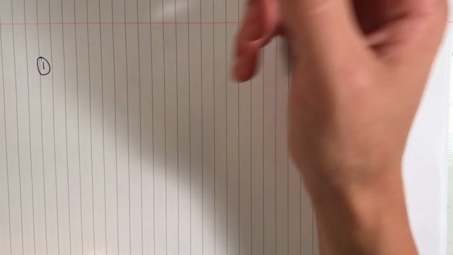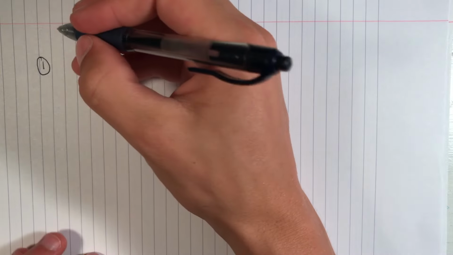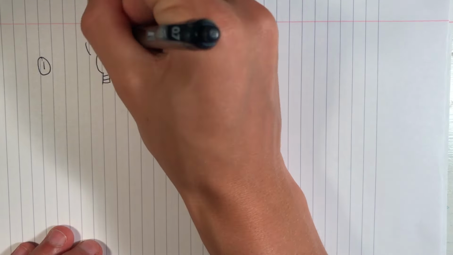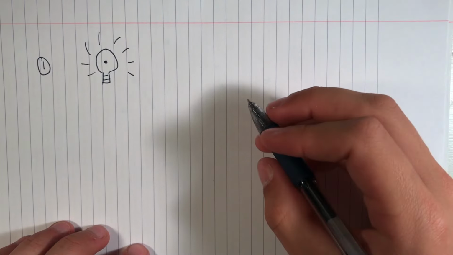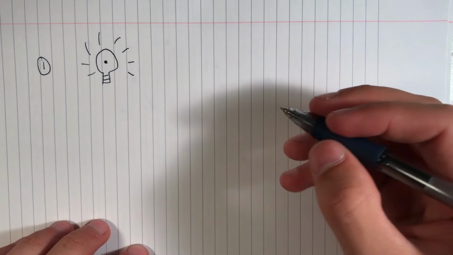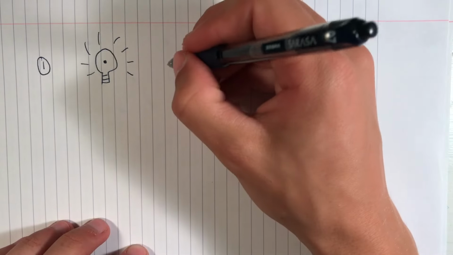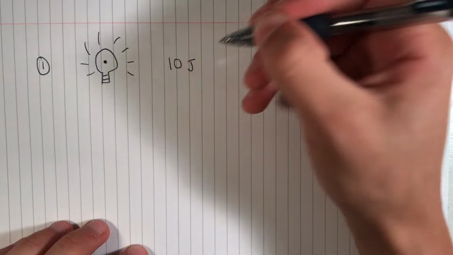Now for a quick example problem of power, of course you could see how simple these might be. Let's say a light bulb is turned on and it gives off, say, 10 joules.